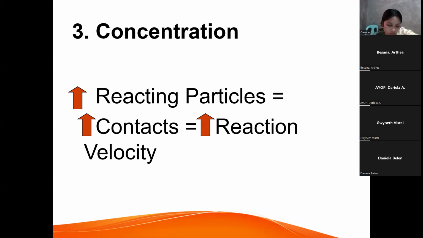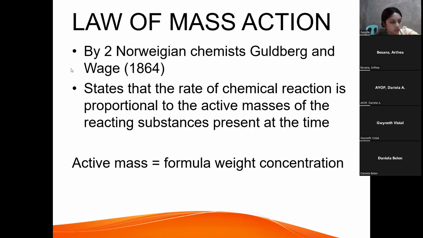Tataas yung kinetic energy. So magiging hyper, yes, yung ating mga molecules. Magbangga-bangga sila with each other. And since magbangga sila, that is contact already, magkakaroon ng chemical reaction. And lastly, we have here the concentration. Siyempre, pag mataas ang concentration, maraming molecules, maraming particles yun. Tataas yung chance of contact. And that will speed up the rate of chemical reaction.